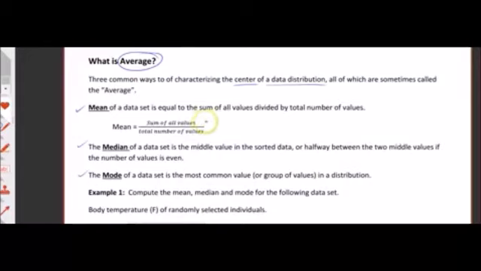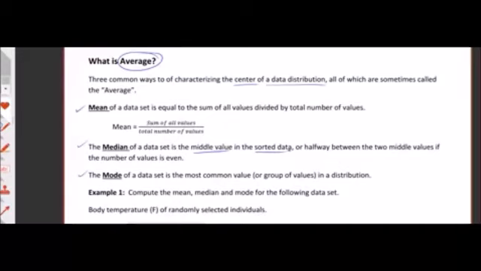So the mean average is the one you think of when you're calculating your grades. When you add up all your test values, let's say you had 6 test values, and you divide by 6. So every piece of data is included, add them up, divide by the number of pieces of data. So that's the one you usually think of. The median is the exact middle value in a data set that's been sorted. So it's the halfway mark between the upper half and the lower half of your data.